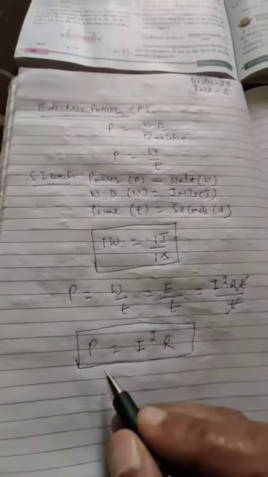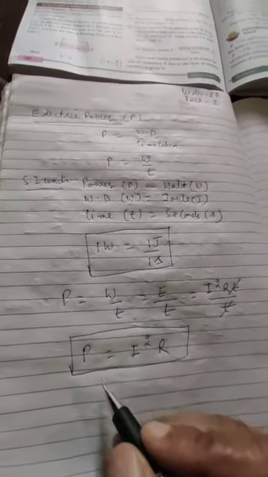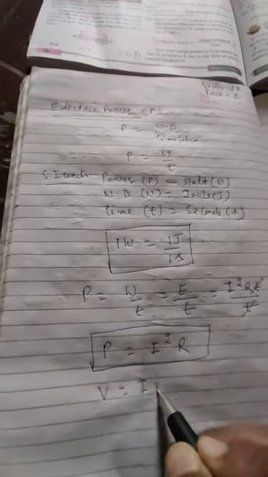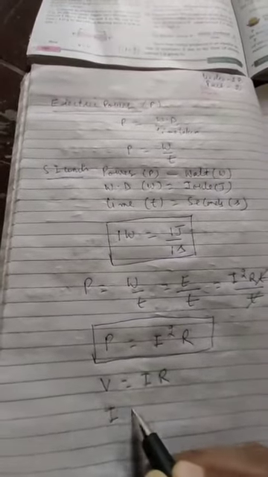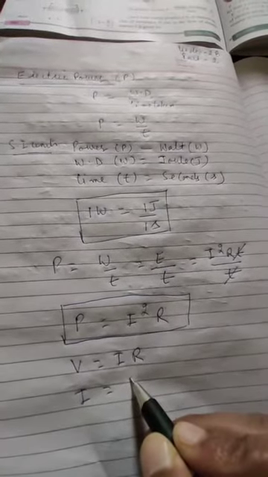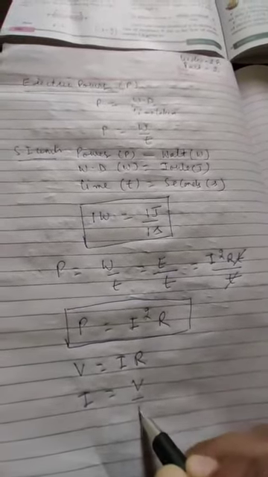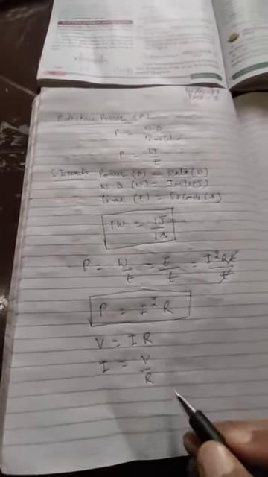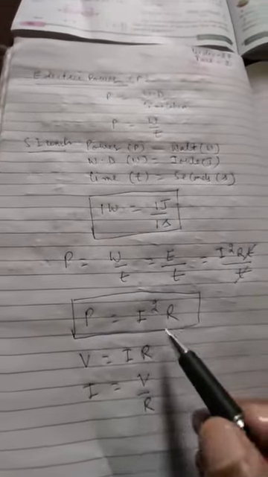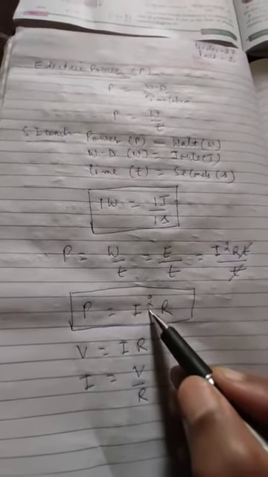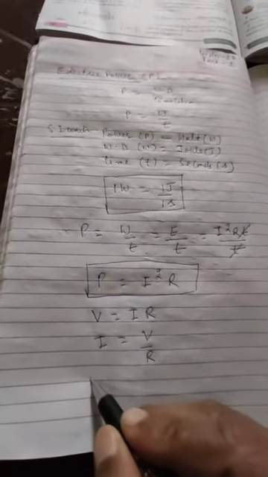And we have done V is equal to IR and I is equal to V upon R. Clear? So put the value of I here. What you will get?